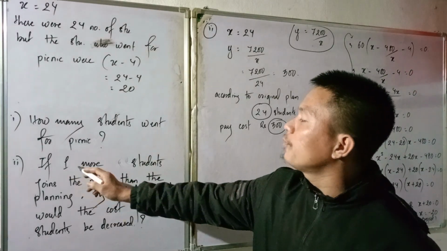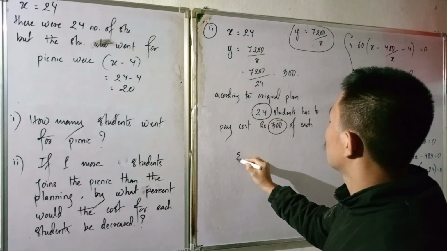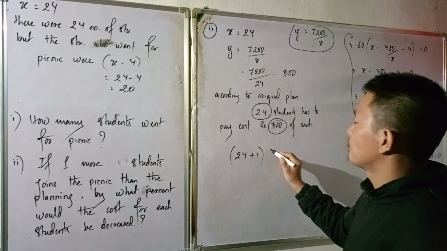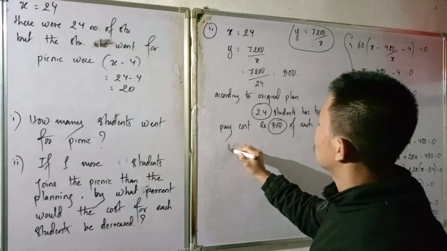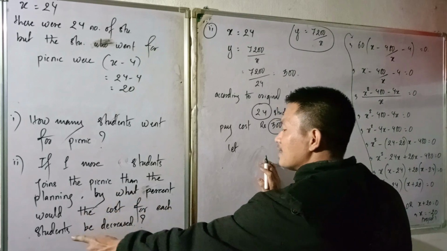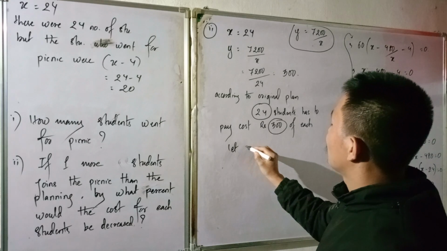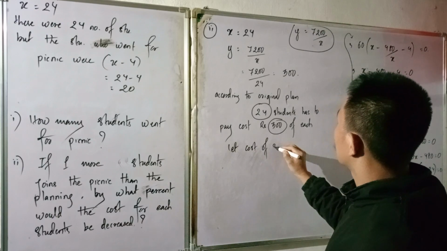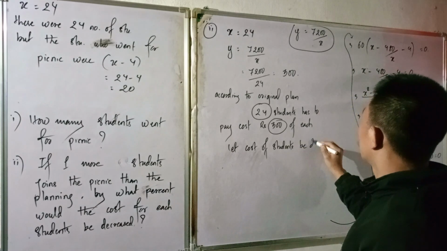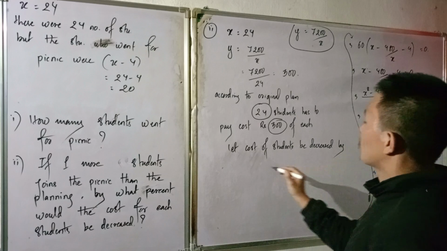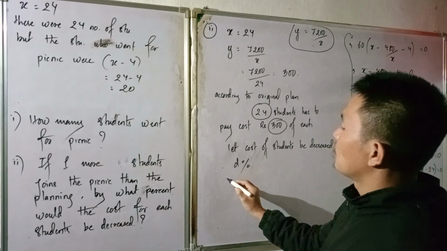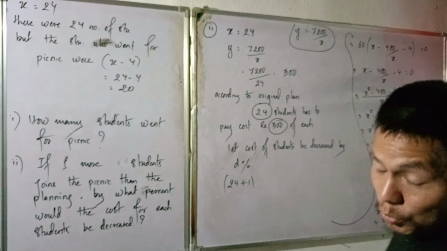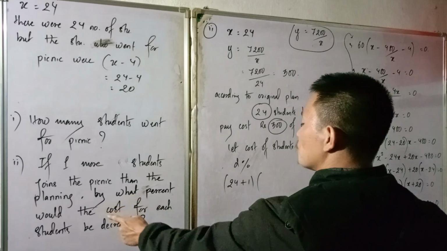But if one more student joins the picnic, 24 plus 1, by what percent would the cost of each student be decreased?